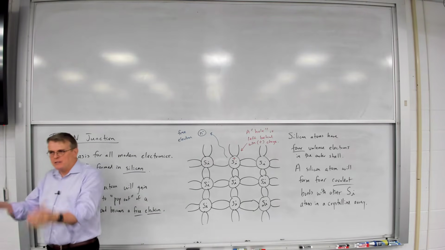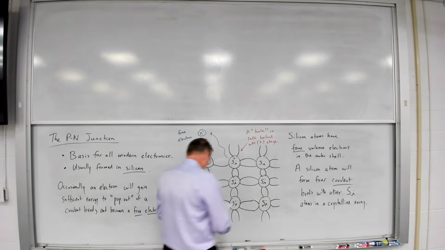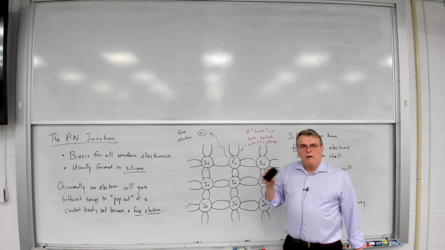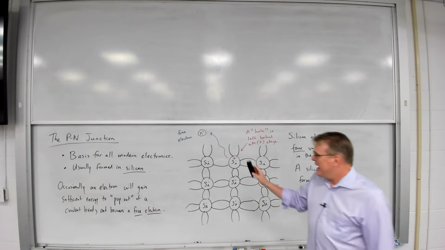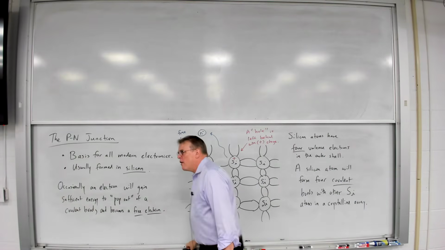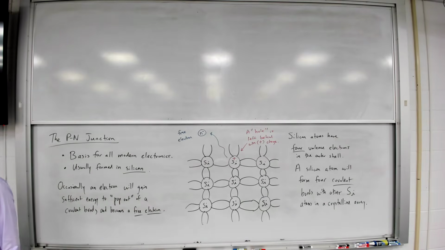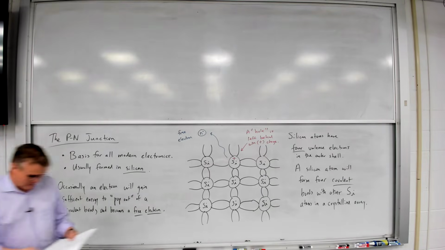Net charge, positive plus negative, is always equal to 0. But you'll have current carriers due to those free electrons. And what this means is this crystalline lattice, because of those free electrons, has the ability to let charge flow through it. It has the ability to conduct electricity.